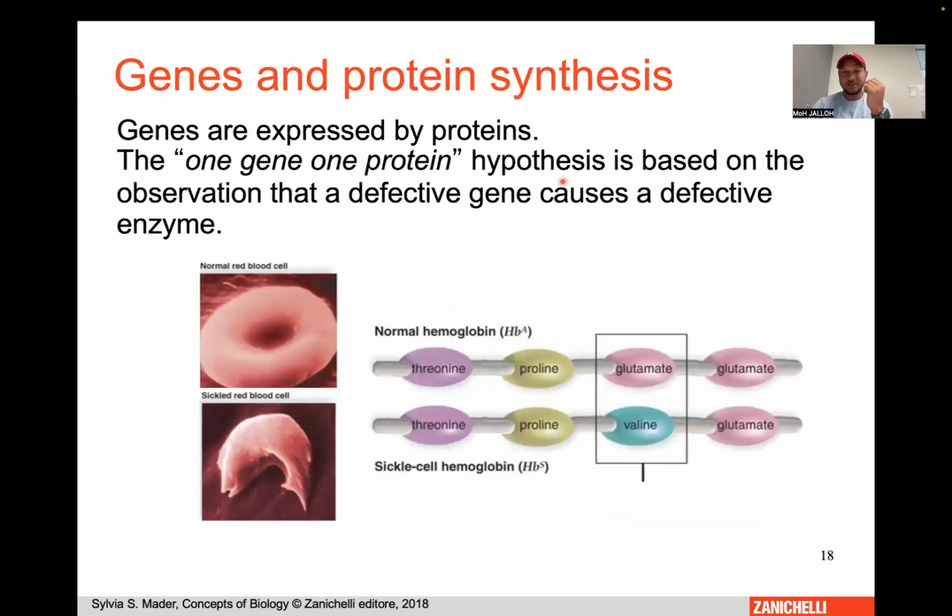Genes and protein synthesis. This is the part that we call translation, all right? But before translation, you know that we have transcription, right? To produce an mRNA, and that mRNA will now be translated into any kind of protein that we need, okay?